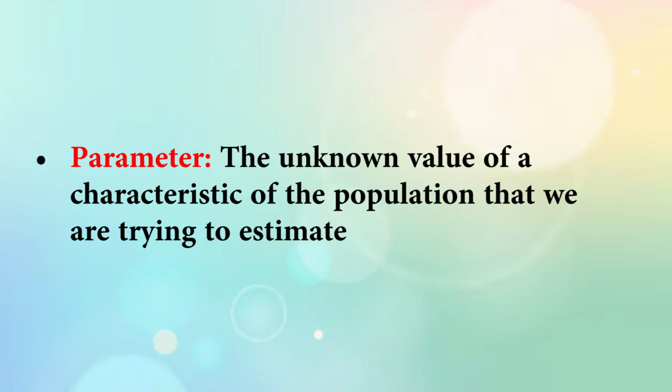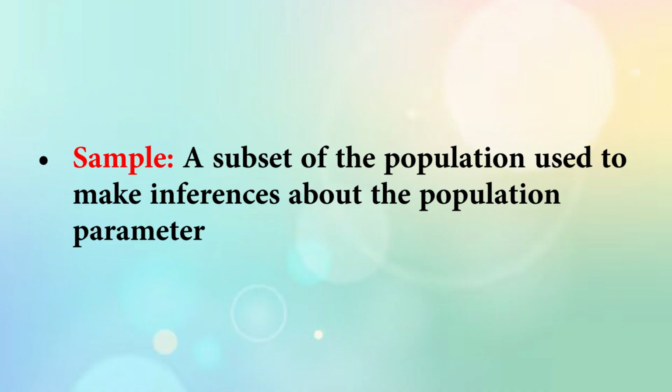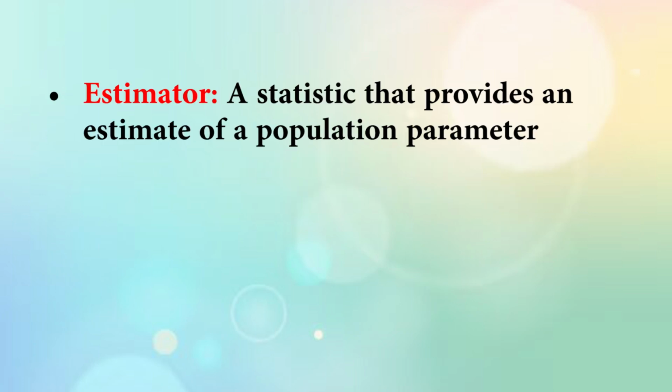Parameter: the unknown value of a characteristic of the population that we are trying to estimate. Examples include the population mean, population proportion, or population standard deviation. Sample: a subset of the population used to make inferences about the population parameter. Estimator: a statistic that provides an estimate of the population parameter.